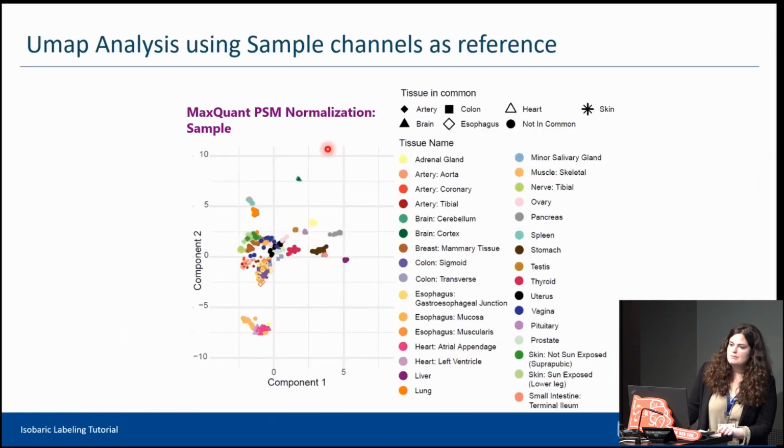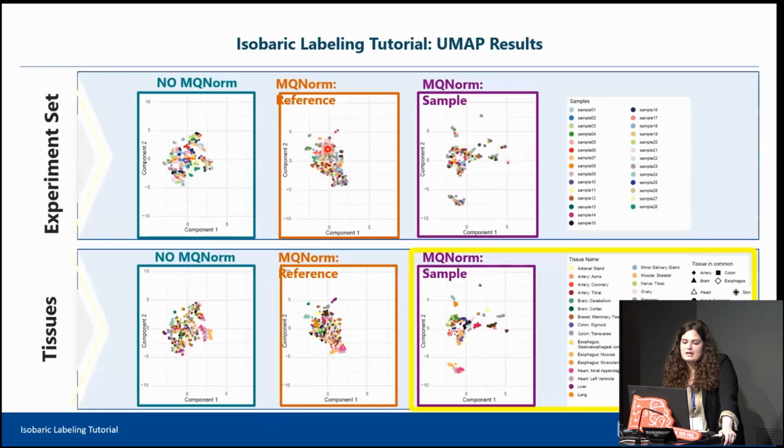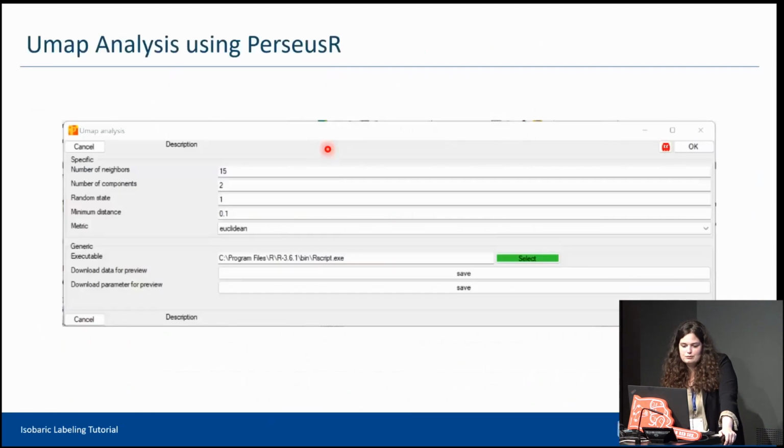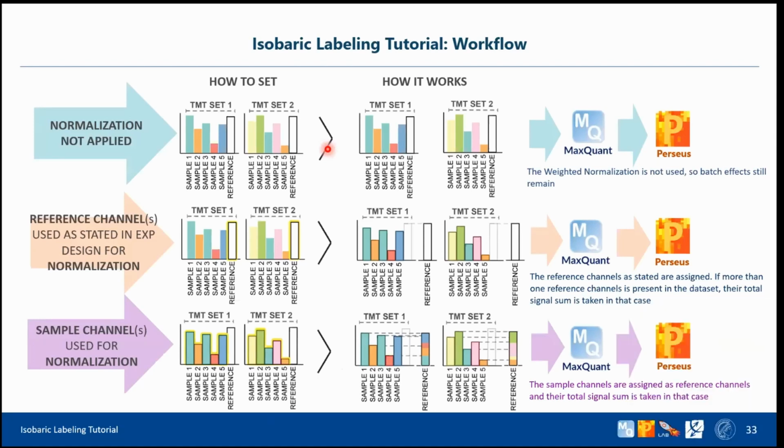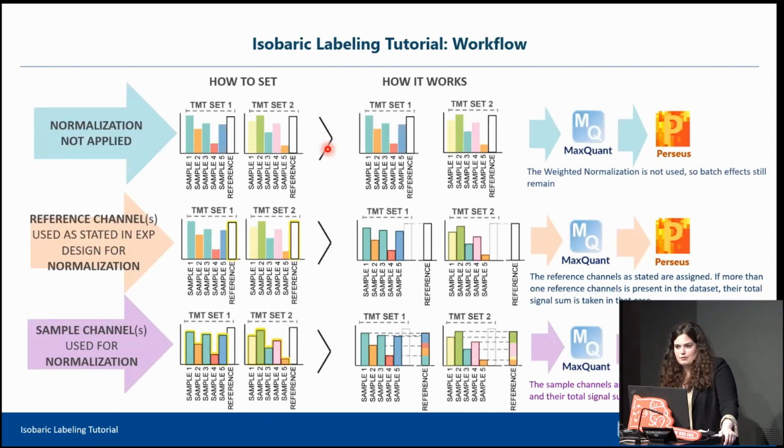But what does it mean? If we go back to the case that we have, it means that the last one, when we took the sample channel, was the best one. So I could ask, why do I need the reference channel? Indeed, in this case, it was not needed for MaxQuant. If we go back to the experimental design, in this case it was TMTPlex.